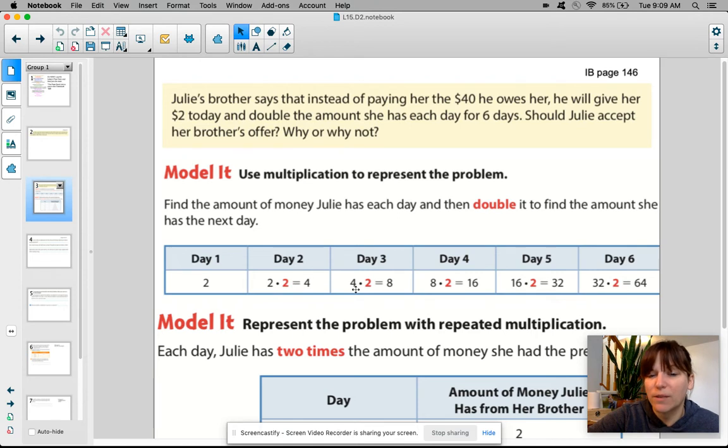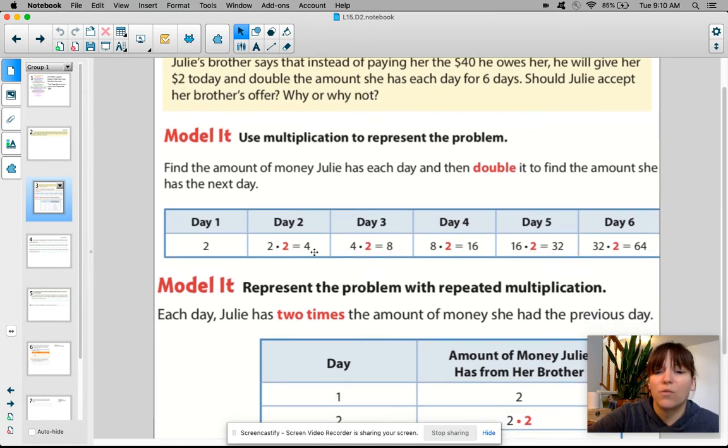So you see that 4 being transferred over and then doubling. And then you take that answer from day 3, bring it over to day 4, and double that. And then you do the same thing for day 5, bring over the amount that she has for day 4, double that, and you have an ending amount of $64 at the end of day 6.